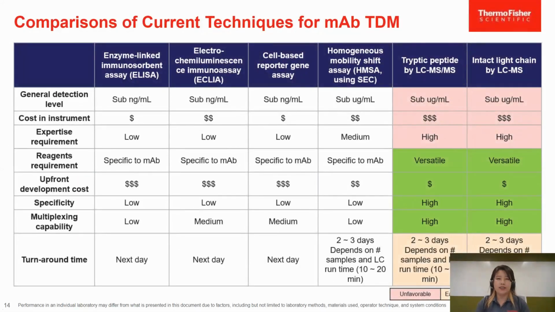And here are some comparisons of the current techniques for TDM of mAbs. Since we focus on the LC-MS approaches, I'm highlighting some components compared to the other assays, especially the immunoassay. For LC-MS, there are two sub-approaches, tryptic peptides or light chain quantitation, but both approaches generate a detection level in the sub-microgram per milliliter range.